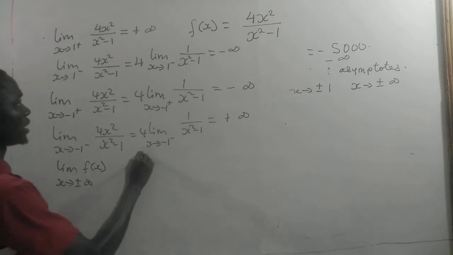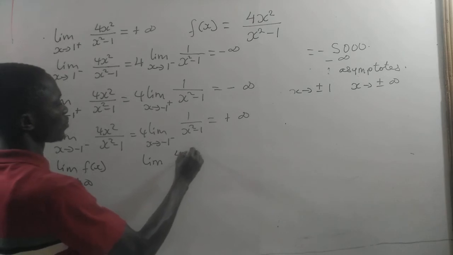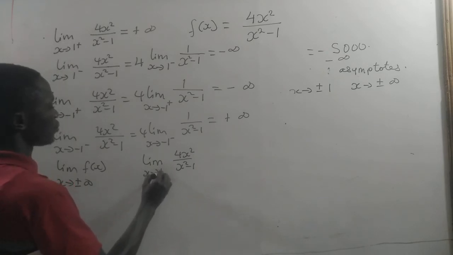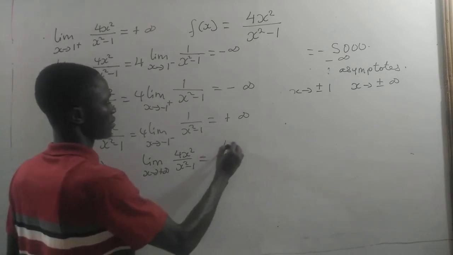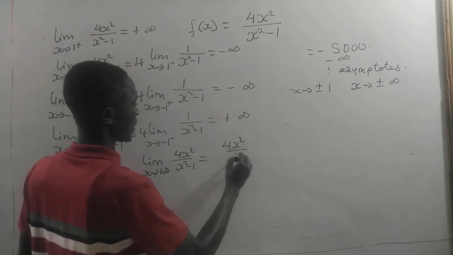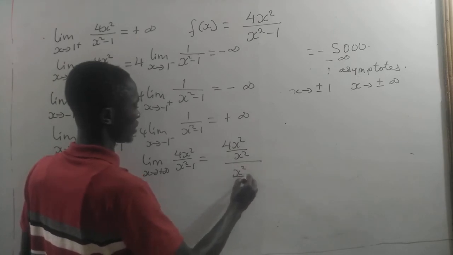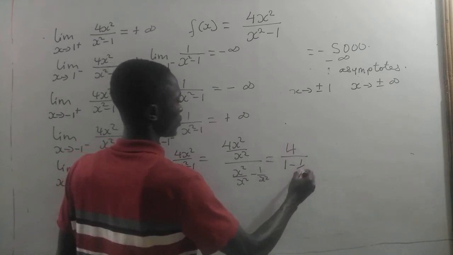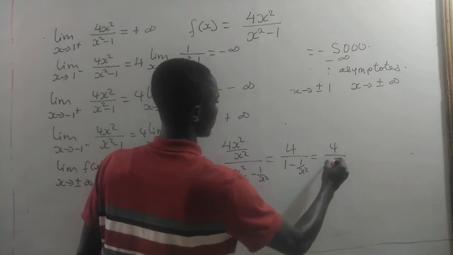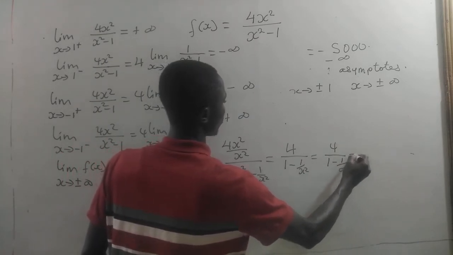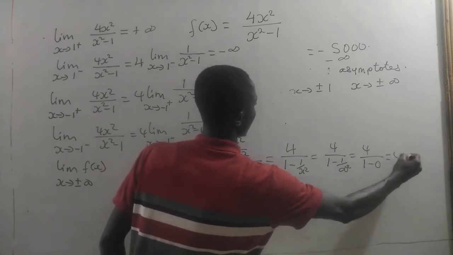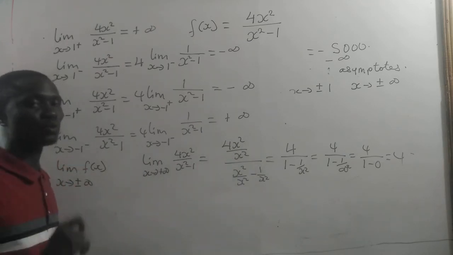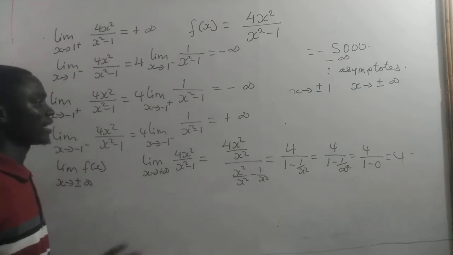So here we take the limit of 4x squared divided by x squared minus 1 as x approaches positive infinity, and this will give us 4x squared divided by x squared, all divided by x squared minus 1 divided by x squared, and this will give us 4 divided by 1 minus 1 on x squared, and that is 4 divided by 1 minus 1 on infinity squared, that is 4 on 1 minus 0, that is 4. Wow. So 4 is a horizontal asymptote.